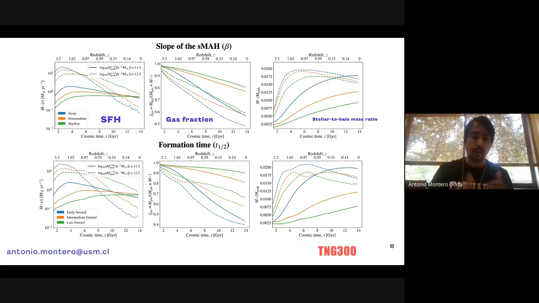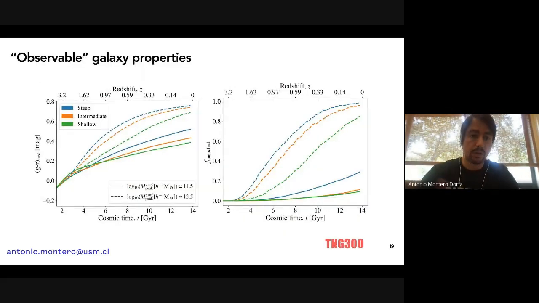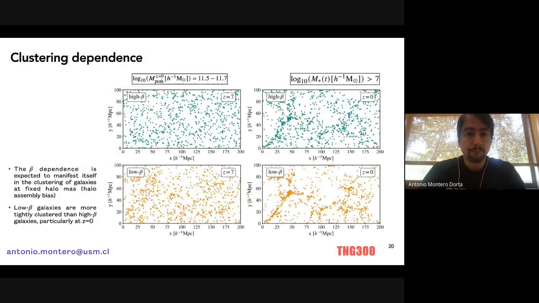You start seeing curves that cross over, etc. So it looks like beta is a more stable link to the properties of galaxies. You can also look at other things like color, and again, you find similar results for color or for the quench fraction on the right-hand side. I'm going to skip this quickly.